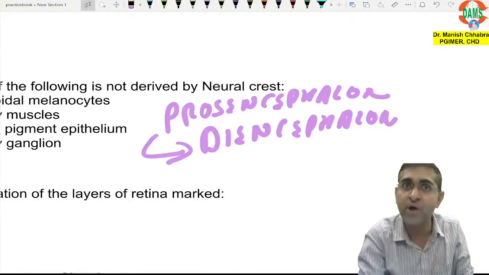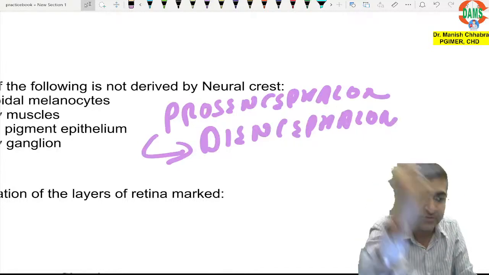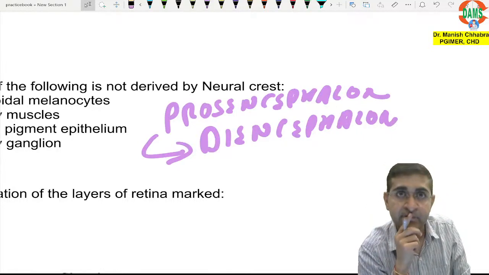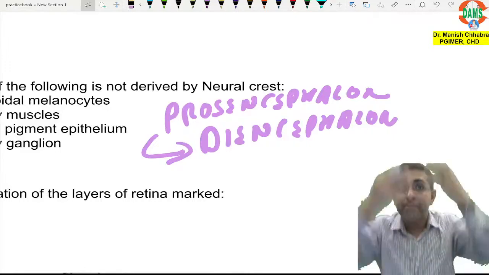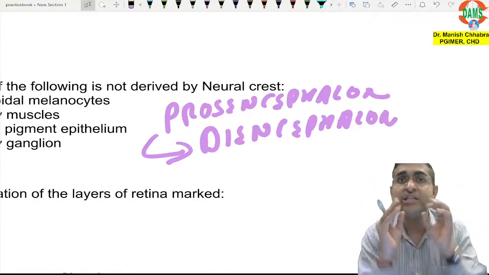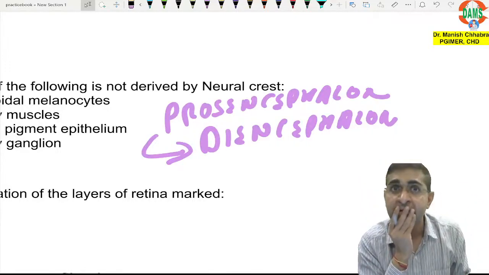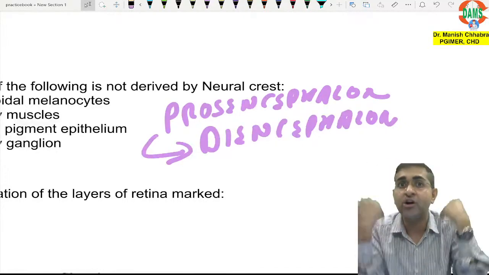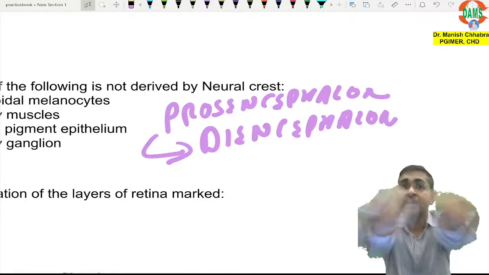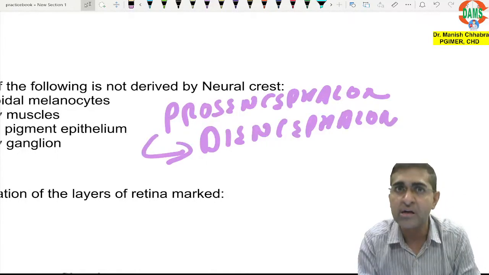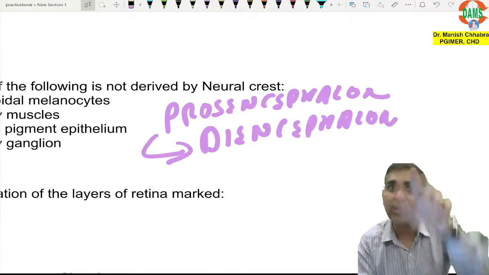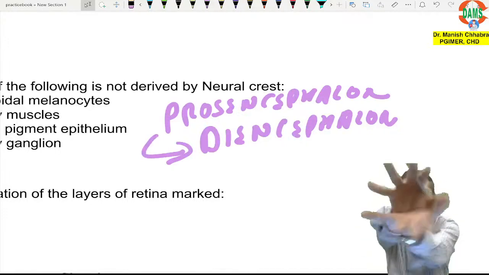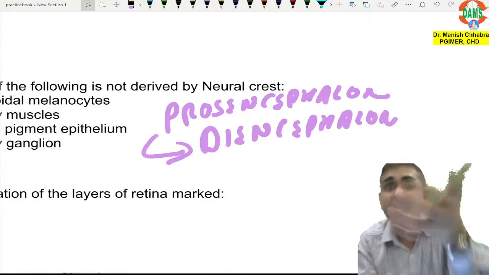So the lens develops from surface ectoderm, your previous year question. And you know, prosencephalon and diencephalon are neuroectoderm. Now the optic stalk, which later forms the optic nerve, is a protrusion of the diencephalon, so that is also neuroectodermal in origin. Then there is formation of the cup, which later forms the retina.